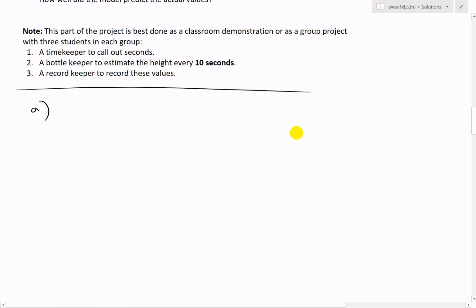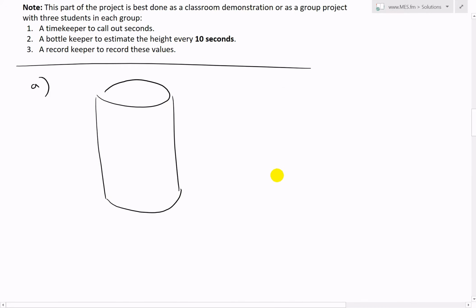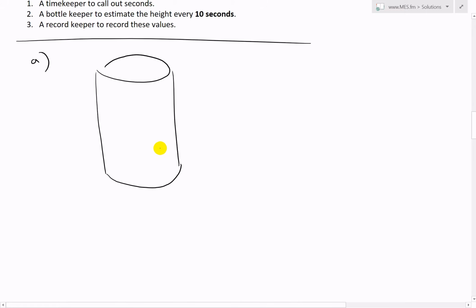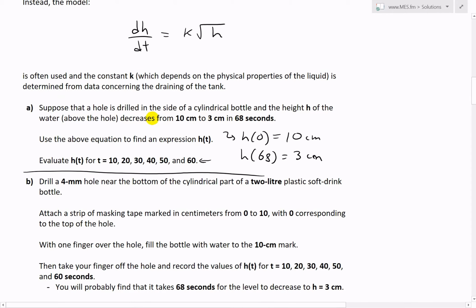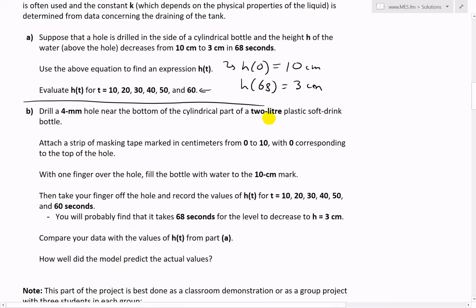Let's draw it. It's a cylindrical tank, like that, with a hole drilled in the side. Let's say it's a hole like this, and we don't need to know what the area is because it's all combined in that k constant. But what we do know, let's scroll up here, is that the hole is drilled in the side of a cylindrical bottle, and the height h of the water above the hole decreases from 10 to 3.